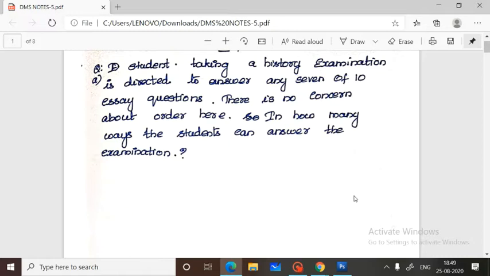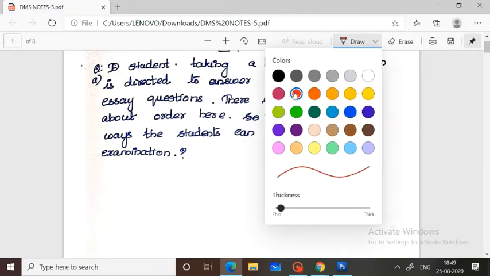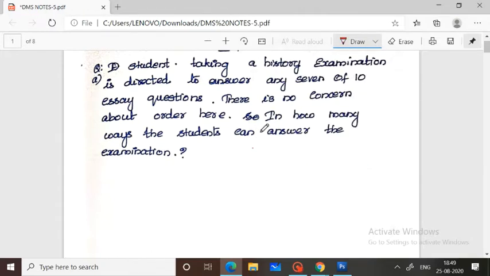Here, there is no concern about the order. If there is no concern about the order, it means ordering is not important.